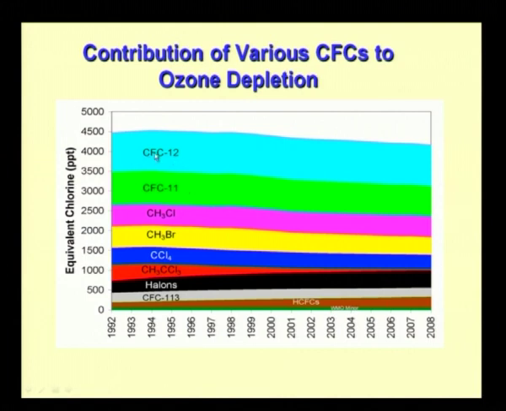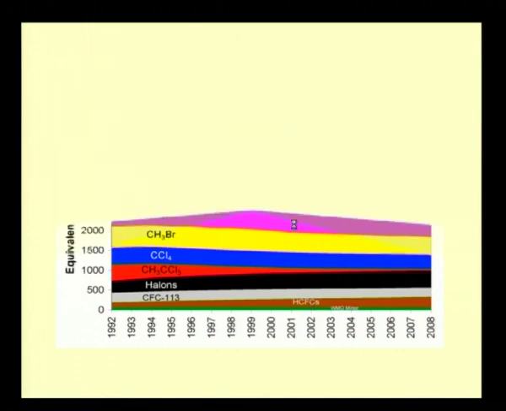And therefore, we can see that CFC 12 is causing a large amount of ozone depletion in comparison with HCFC. And so, the diagram itself is depicting that HCFC is somewhat safer than CFC 11, 12 and all, and therefore we have to be very careful with CFC rather than HCFC.